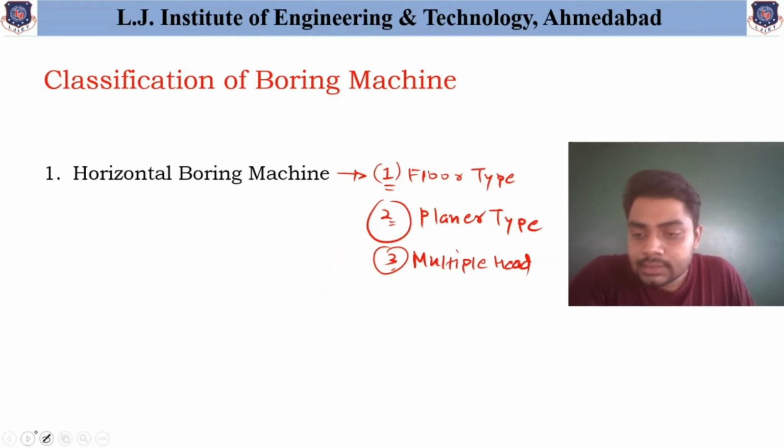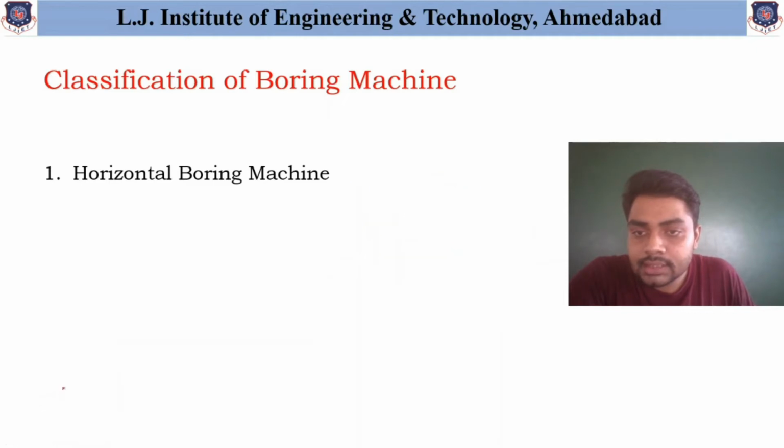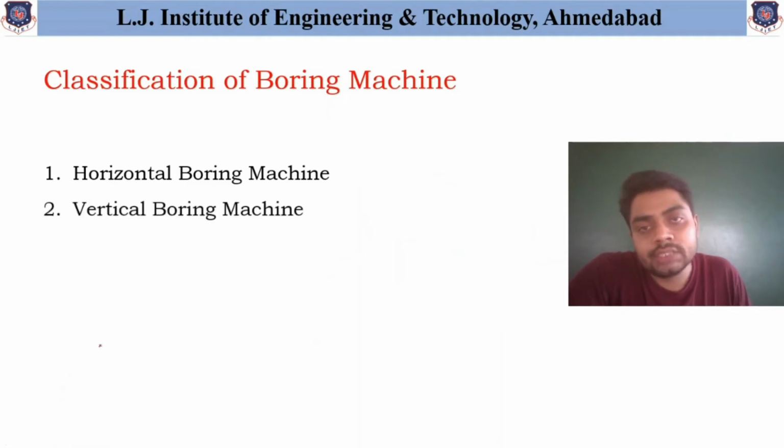The second classification is the vertical boring machine. And this vertical boring machine also has subtypes. From these, the first one is the standard vertical boring mill.